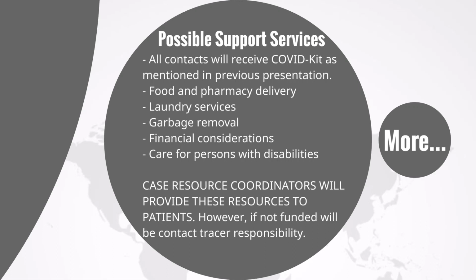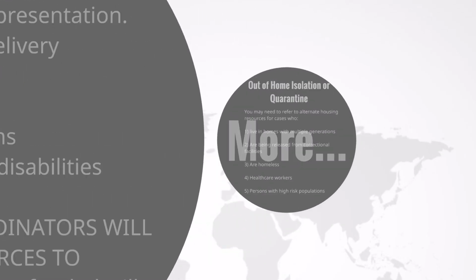Case resource coordinators will provide these resources to the patients and contacts. However, if it's not funded, it does fall into the contact tracing protocol that we provide patients and contacts with access to these resources in case they need them.